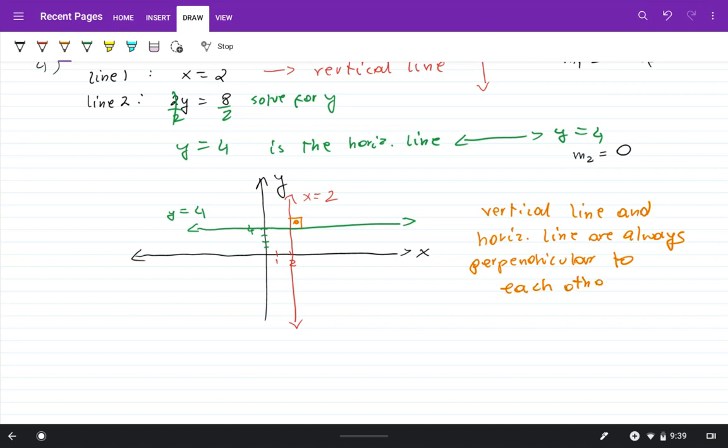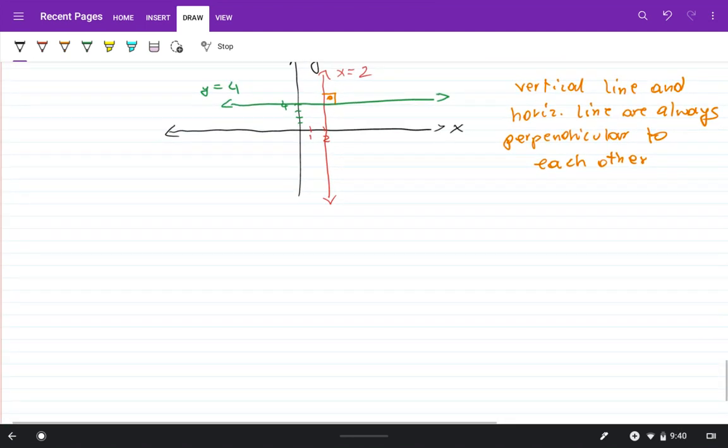So when you have a case like this on your homework, you don't need to graph it, just use that information. Any vertical line and any horizontal line will always be perpendicular to each other.